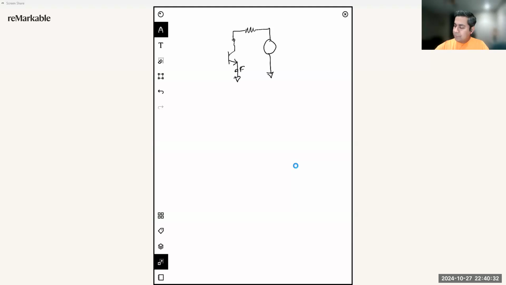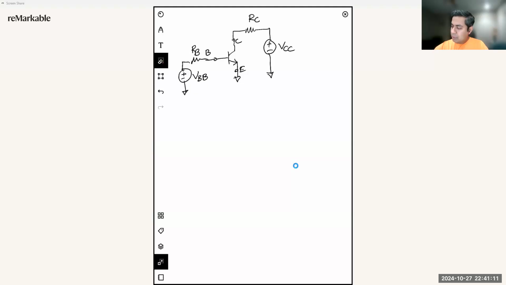This is emitter, this is collector, this is base. Let's call this voltage source VBB and this voltage source VCC. This resistor is RC. This resistor is RB.